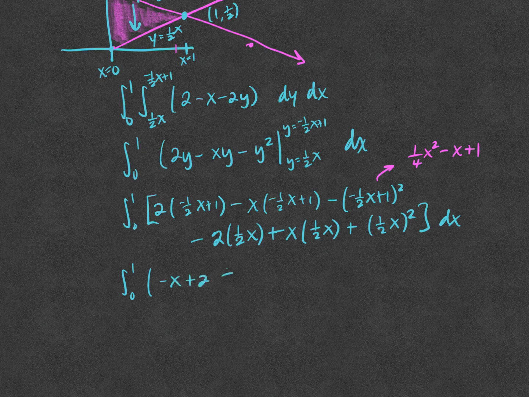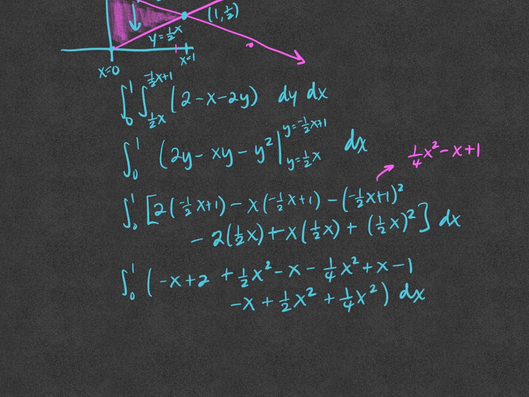Minus makes a plus 1/2 x squared minus x minus 1/4 x squared plus x minus 1. And then on the next line, this makes minus x plus 1/2 x squared plus 1/4 x squared with respect to x.